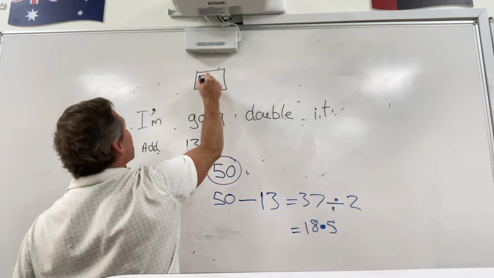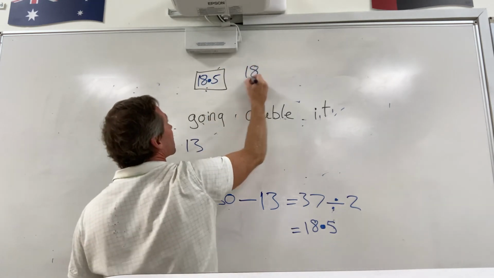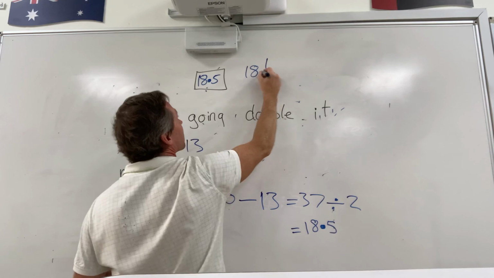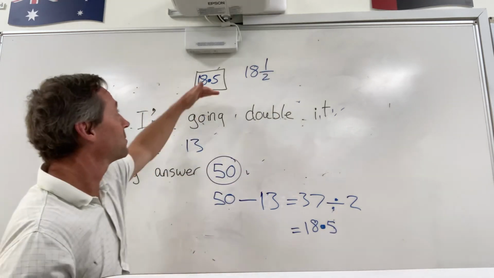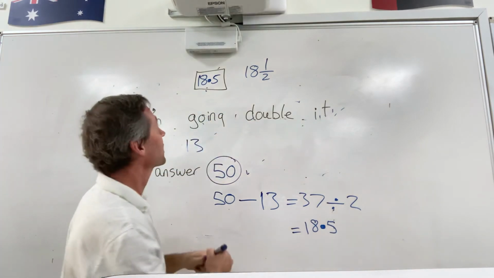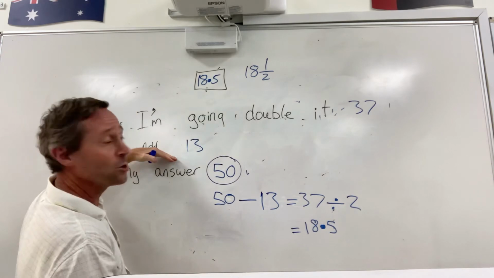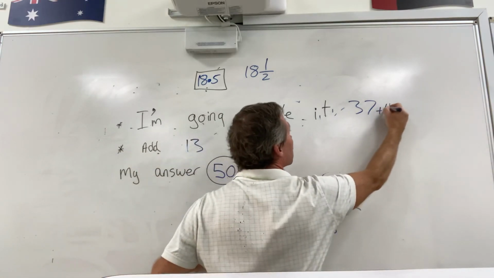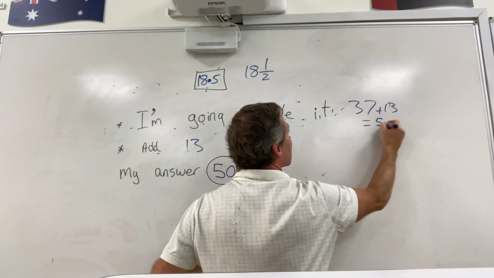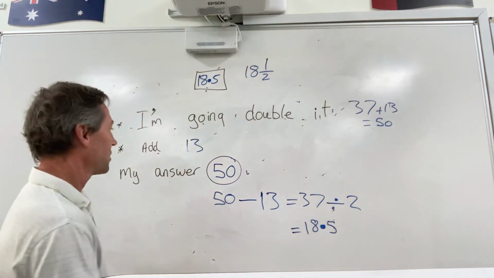Let's go with the 18.5. I'm going to double it, should give me 37. I'm going to add 13 to it, plus 13 gives me my answer 50.